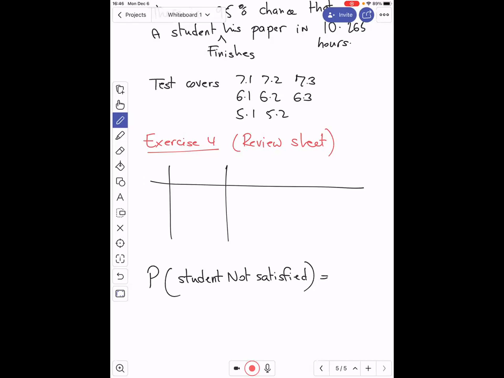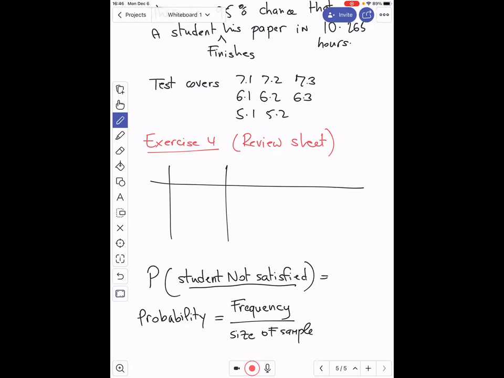Just to remind you, in general the probability is equal to the frequency, how many not satisfied students, over the size of the sample, how many students in total we have. In our case, we are interested in students not satisfied, so the question is, how many not satisfied students?